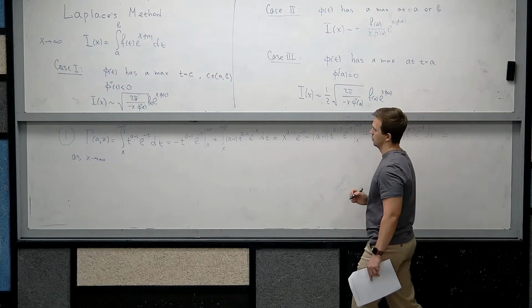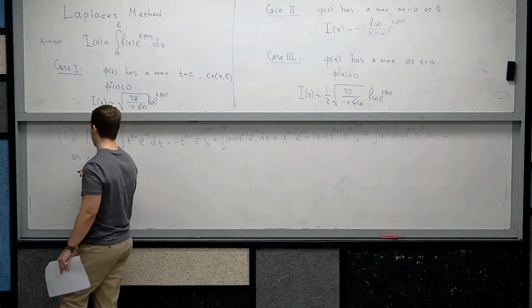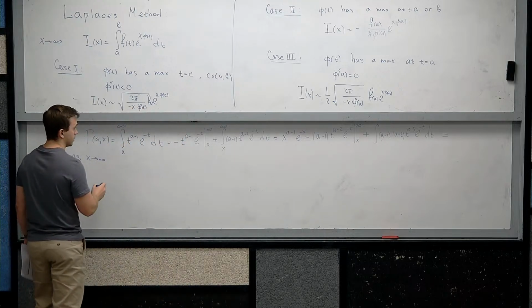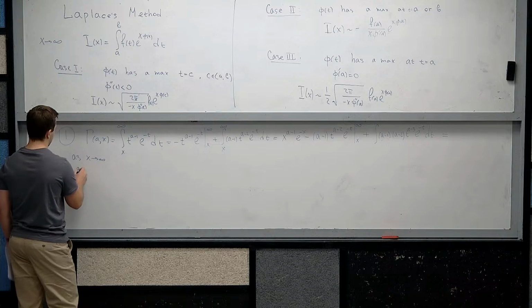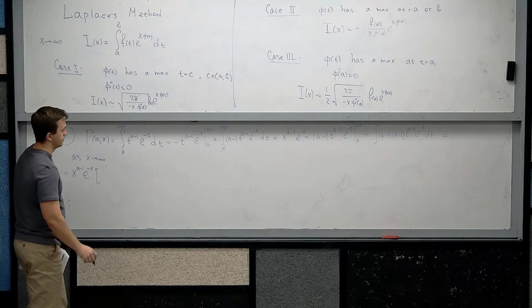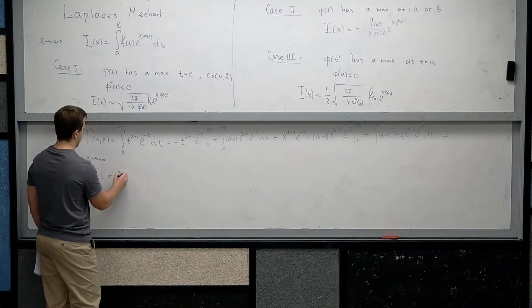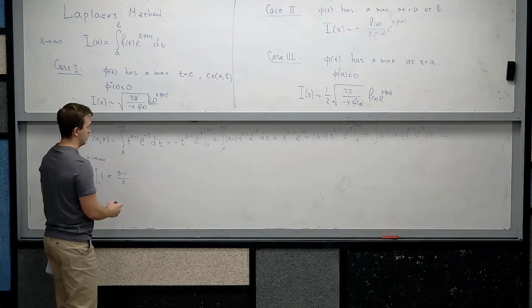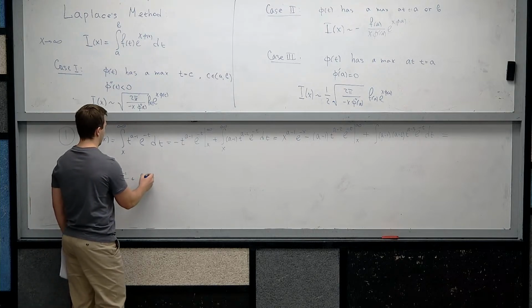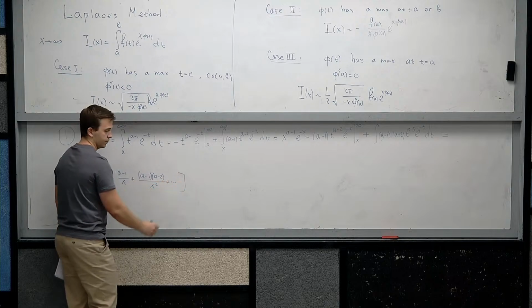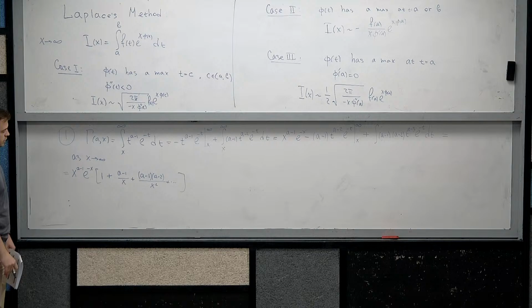So basically we can write it as x^(a-1) e^(-x) multiplied by 1 plus (a-1)/x, then plus (a-1)(a-2)/x squared, and so on and so forth. This is the expansion.